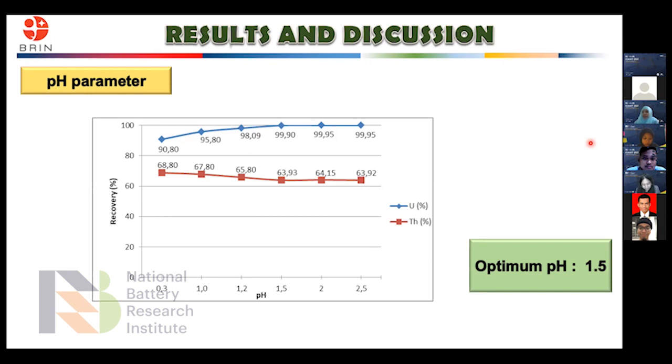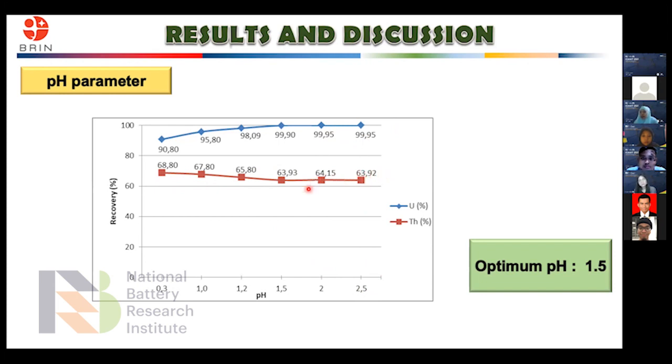Next, the pH parameter. From this figure, it can be seen that the higher the pH, the higher the extracted uranium, and it reaches 99.95% recovery at pH 2.5. As for thorium, the opposite happened: the higher the pH, the lower the extracted thorium.